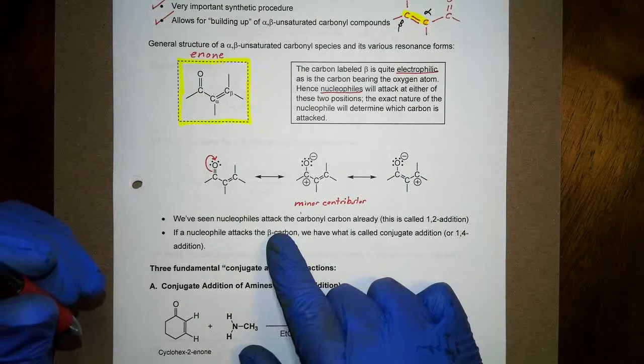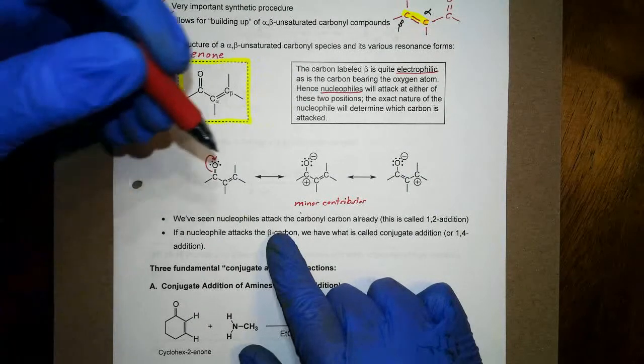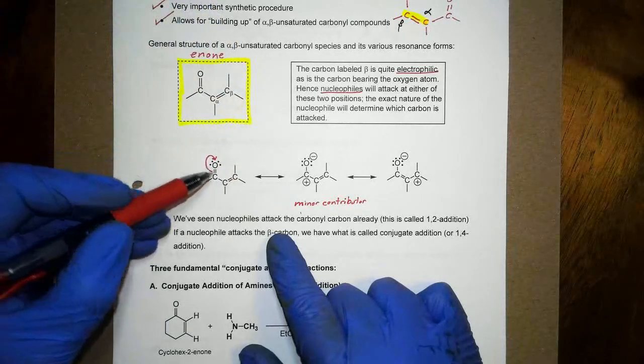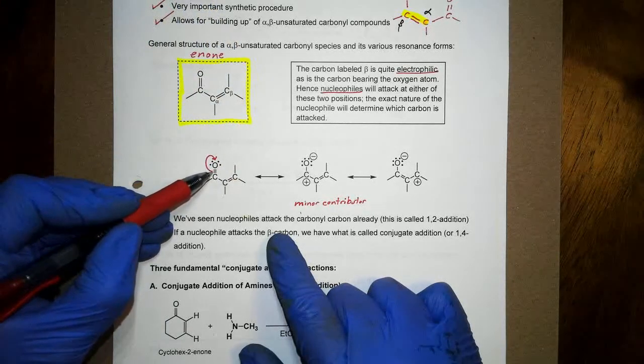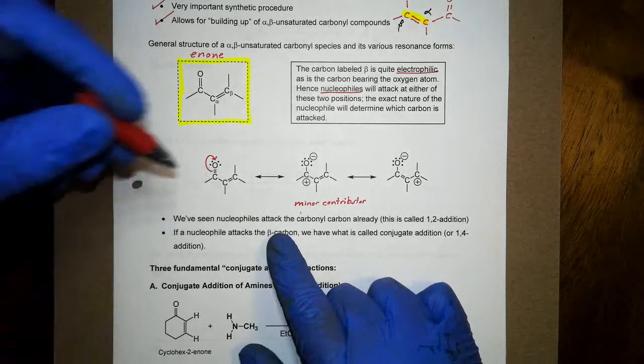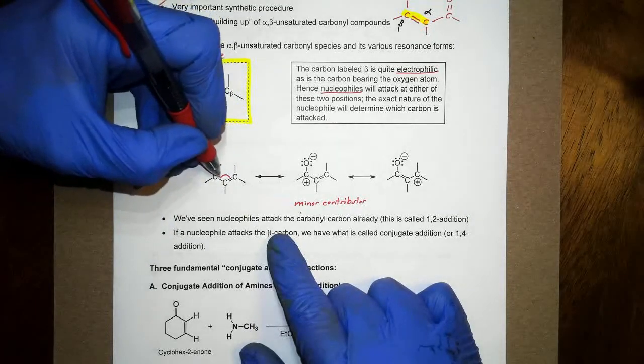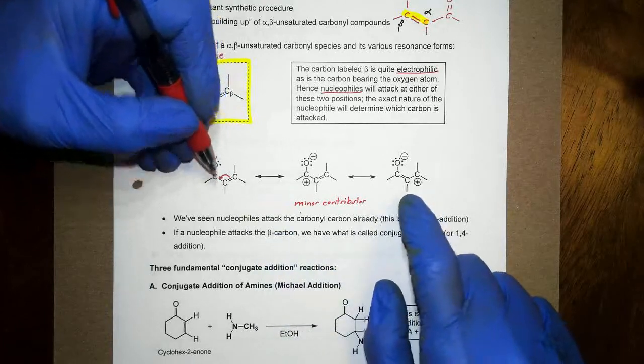If on the other hand, how about we change things up a little bit? In addition to moving that pair of electrons onto there, how about at the same time I place this pi bond here, then we would have this form.